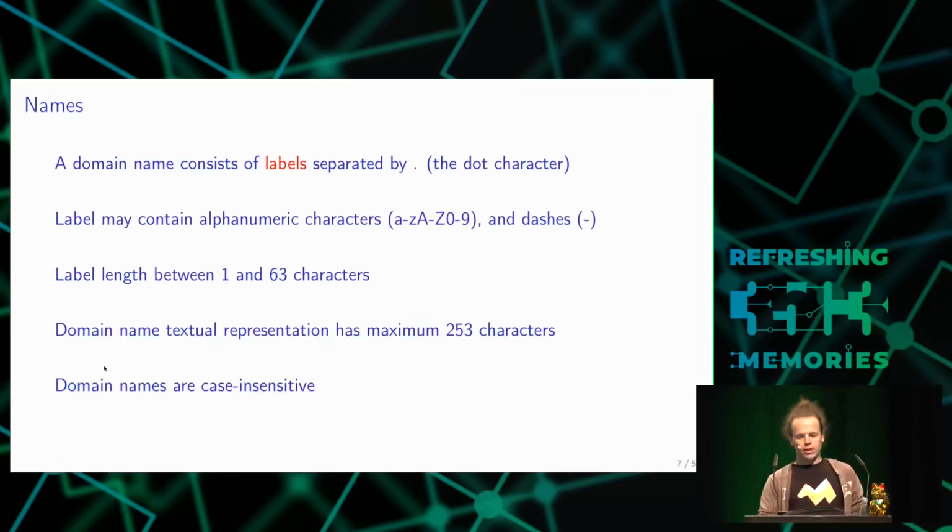Each label now may contain only alphanumeric characters, which is A to Z, lower and uppercase, and 0 to 9, and dashes, but dashes may not be the first character. The label length may be only between 1 and 63 characters, and the textual representation, so the representation using the dot format, which is events.ccc.de, for example, has a maximum length of 253 characters.